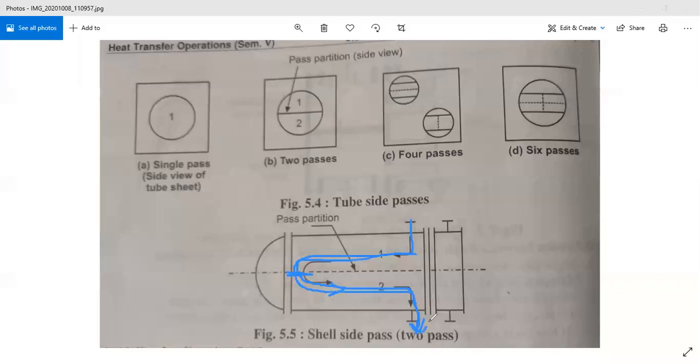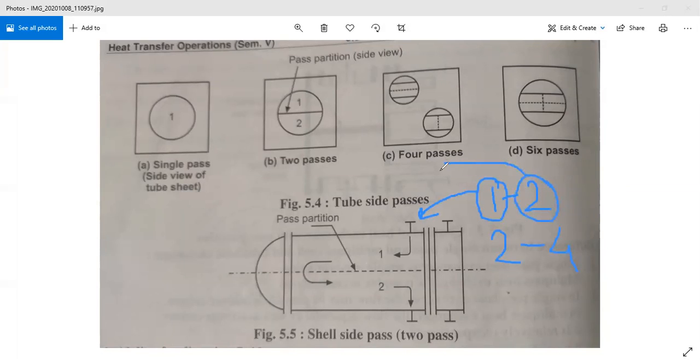And in a similar way, we can arrange this type of passes in the shell side as well as in the tube side. So when we are talking about the 1-2 shell and tube heat exchanger, that may be 2-4 shell and tube heat exchanger or other examples, these numbers mean this first number indicates the shell side fluid arrangement, that is shell side passes, and this second number indicates the tube side passes.